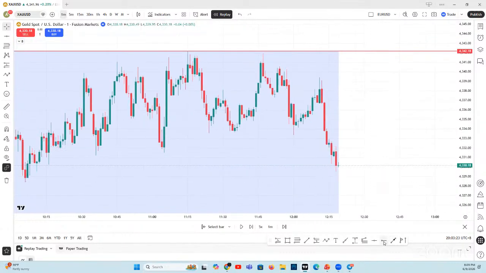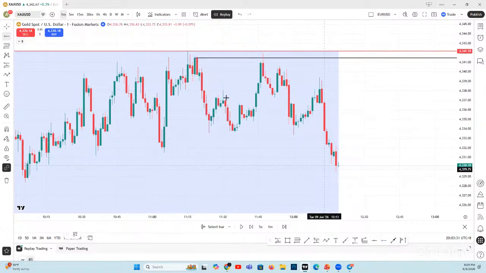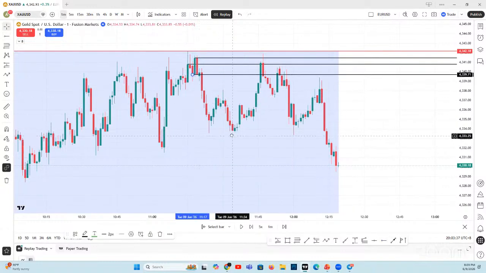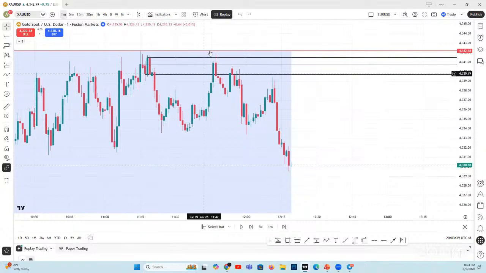QM. When price is near the higher time frame level. Okay, head, shoulder, left shoulder, neckline. See, sell, sell. It hit their shoulder, sell. It hit the neckline, sell, sell.